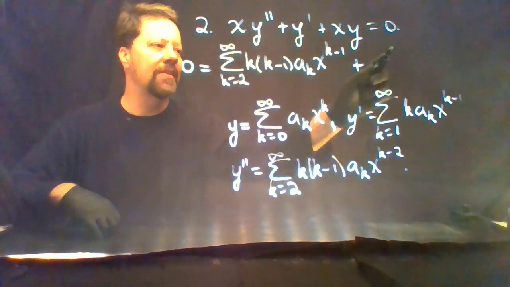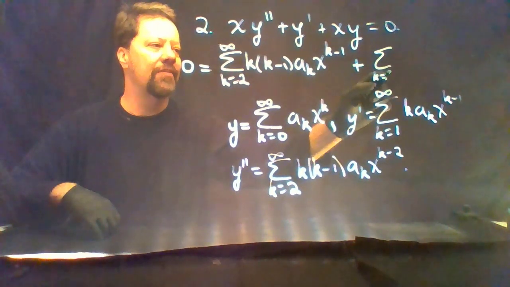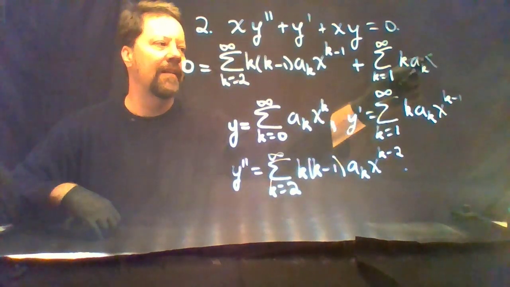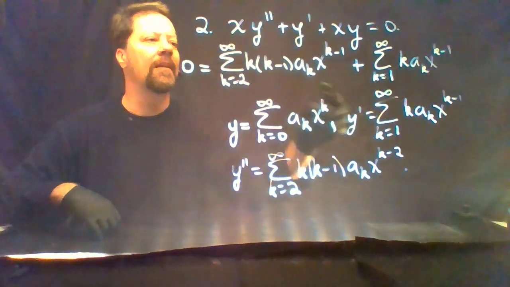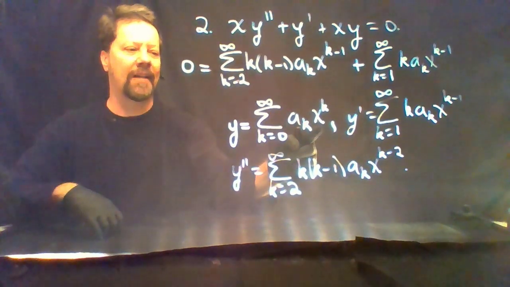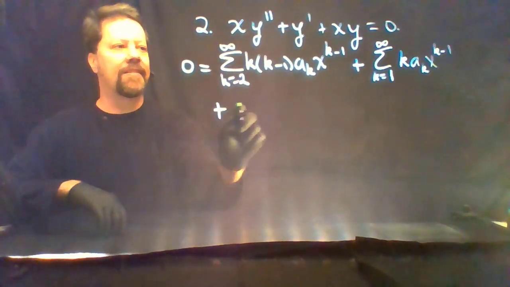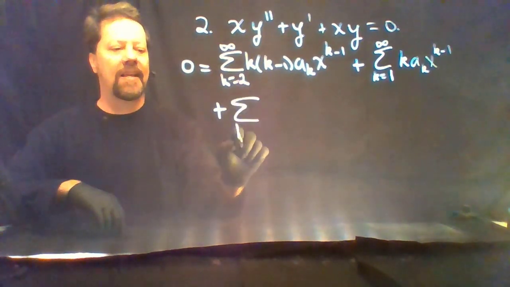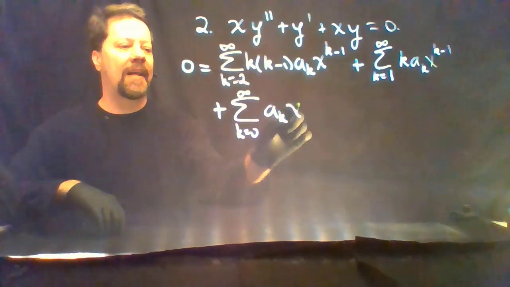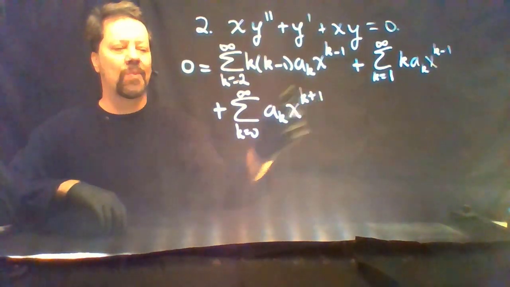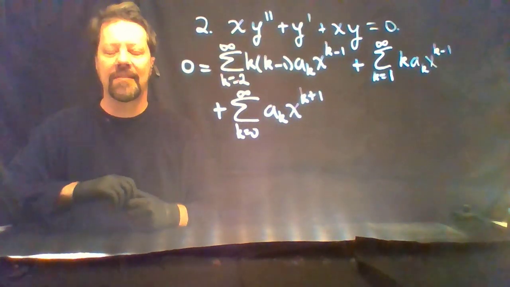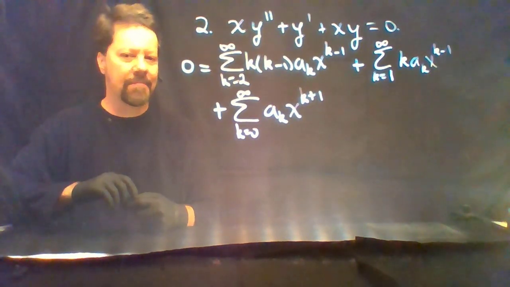Y prime is the sum as k goes from 1 to infinity, k, a sub k, x to the k minus 1, and then we have to add on another factor of x on y. And so that gives the sum as k goes from 0 to infinity, a sub k, x to the k plus 1. The plus 1 comes from the extra factor of x, that is the coefficient of y.